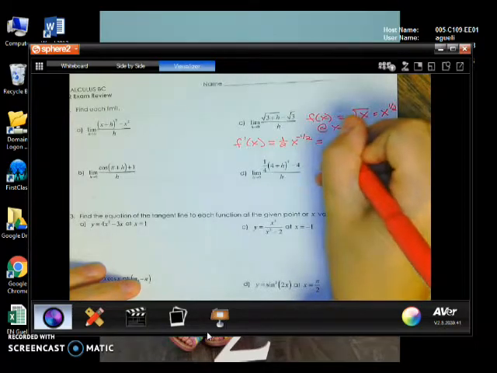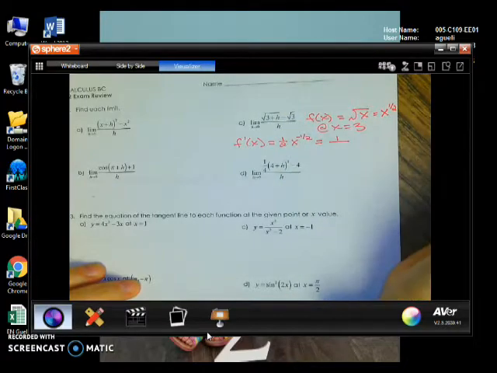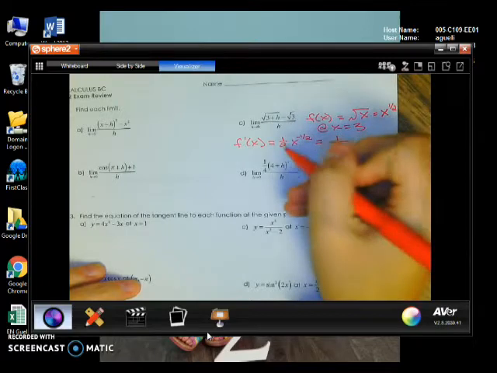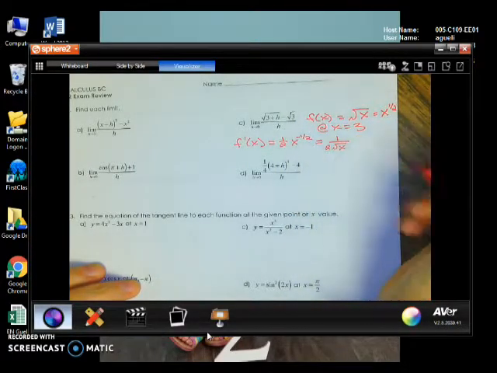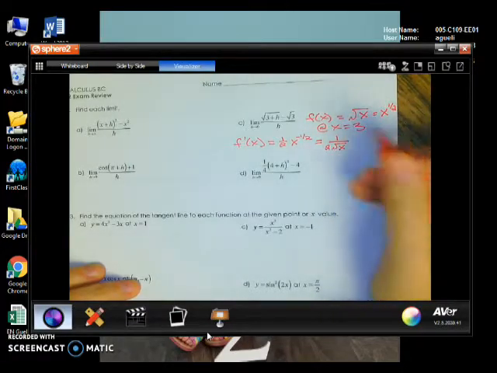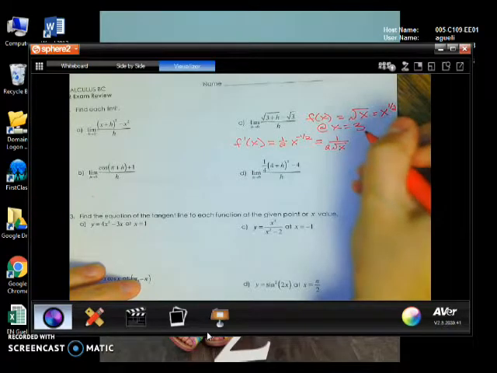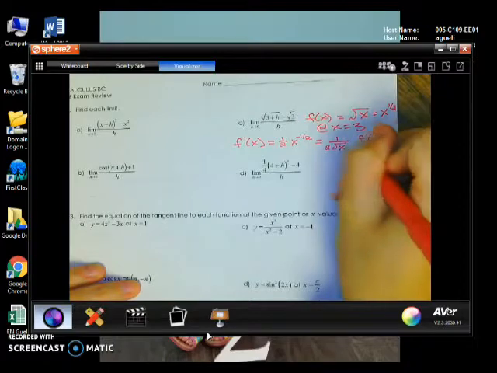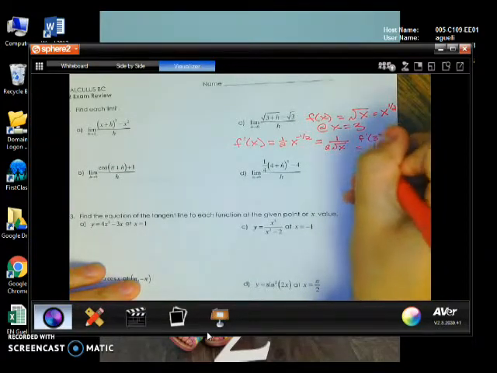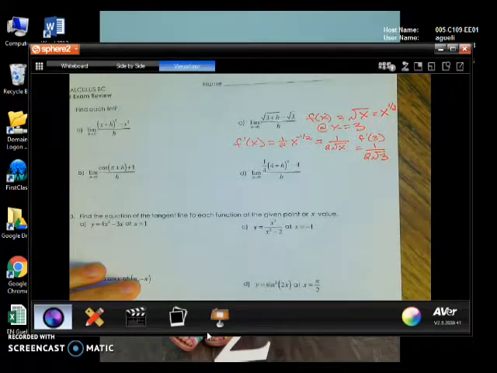So again, this is going to be 1 over, okay, this negative exponent indicates I'm going to move it into the denominator, and I'm going to take the square root of it, and also this 2 is already in the denominator, so it'll be 2 over square root of x. And now I'm going to evaluate that at x equals 3. So when I evaluate the derivative at 3, I get 1 over 2 radical 3, and you're done.